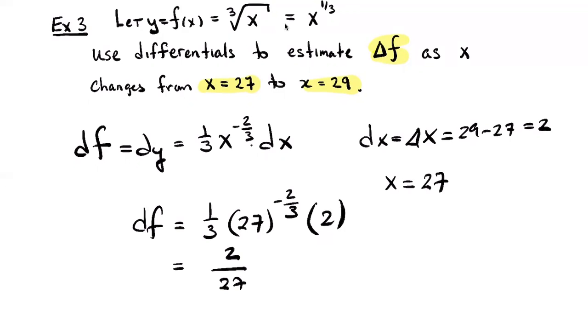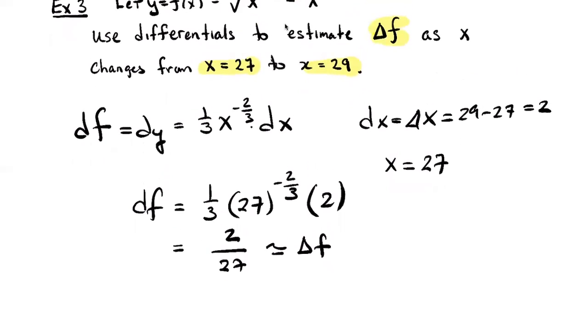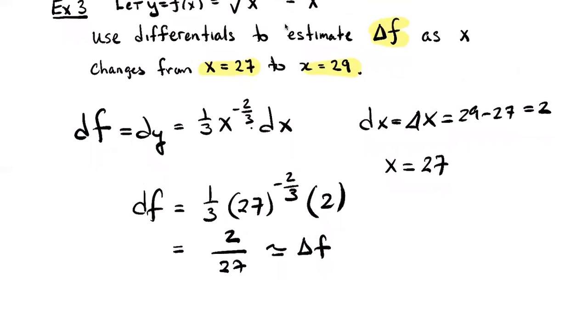So that's going to be our estimate for approximately how much the function changes if you change x from 27 to 29. All right, so that's how I can use differentials to do that. And maybe if you want, why would you ever want to do that? Well, this differential is an estimate for the change in the function, right?